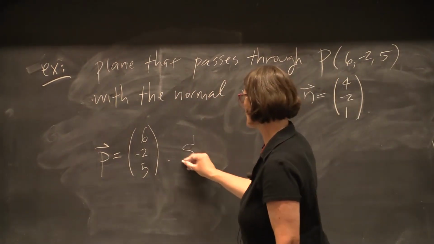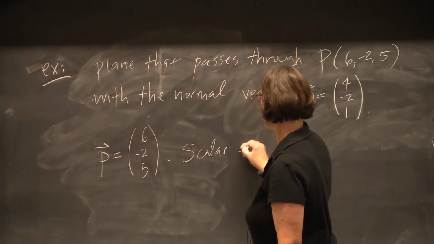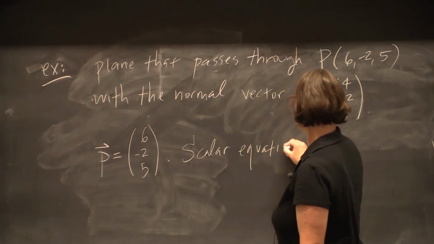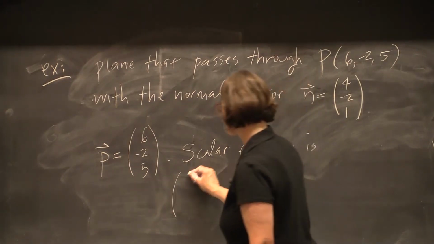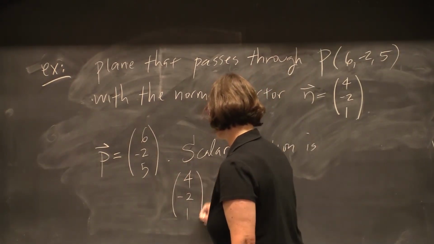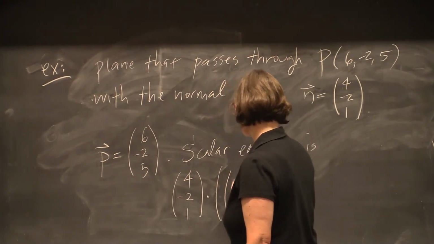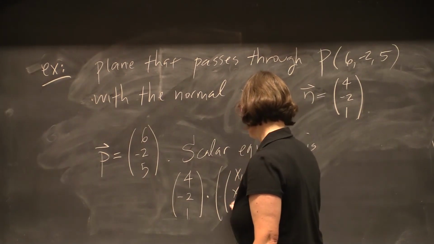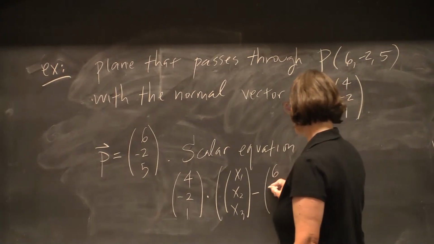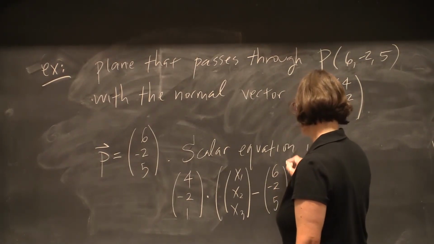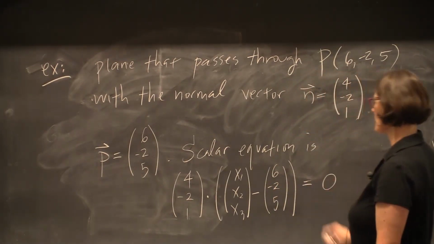And so the scalar equation is the dot product between the normal vector, (4, -2, 1), dot producted with (x1, x2, x3) minus (6, -2, 5), equals 0.